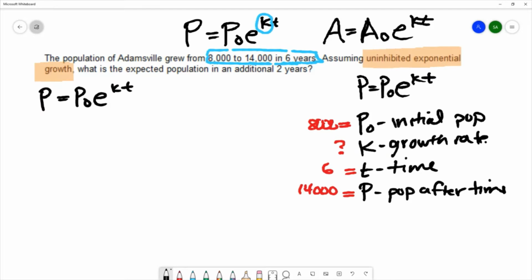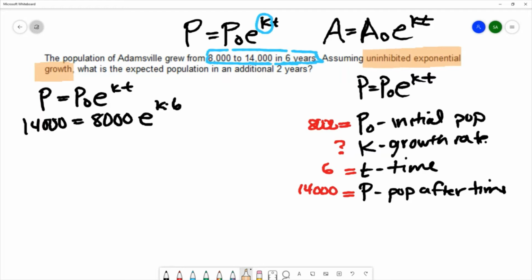In for P, we have 14,000. P naught is 8,000. T is 6, and remember k is our unknown. So once we've substituted in these values, we want to solve for our missing value, which is k.